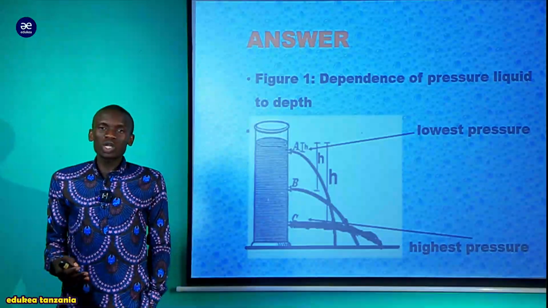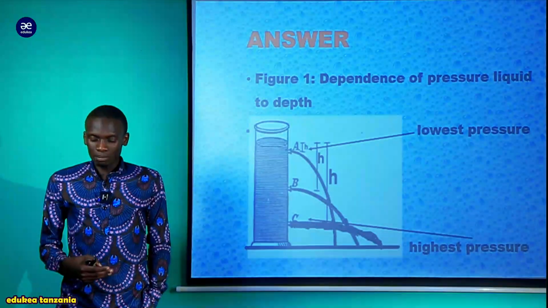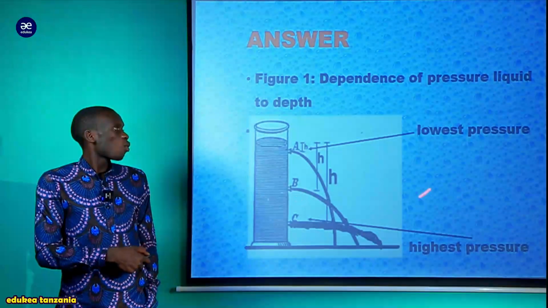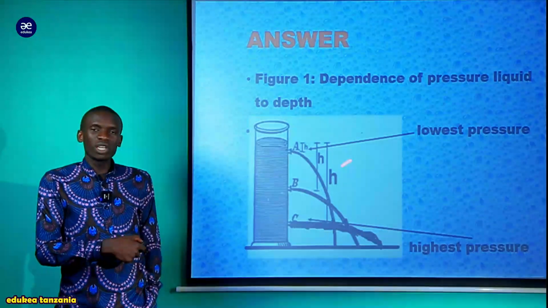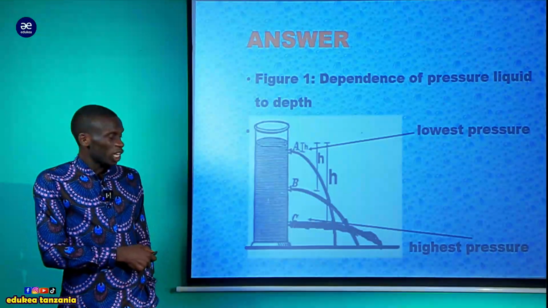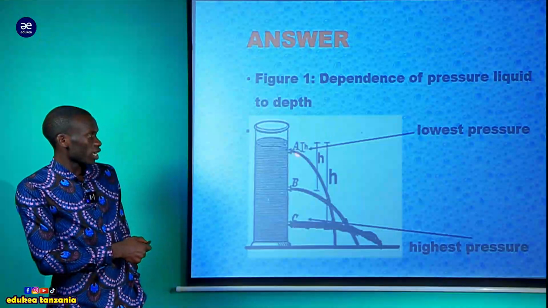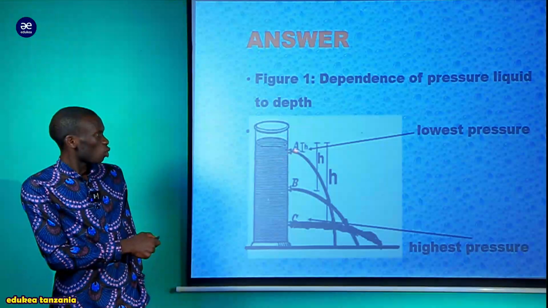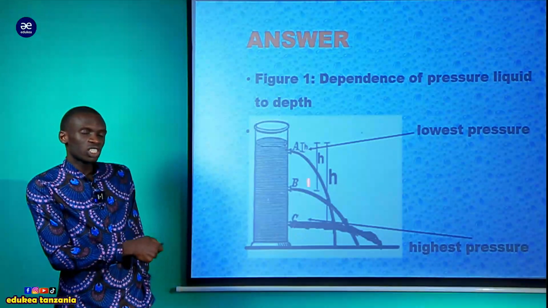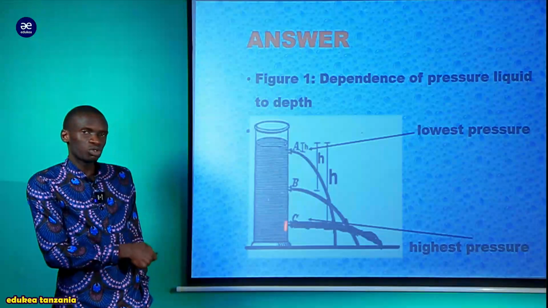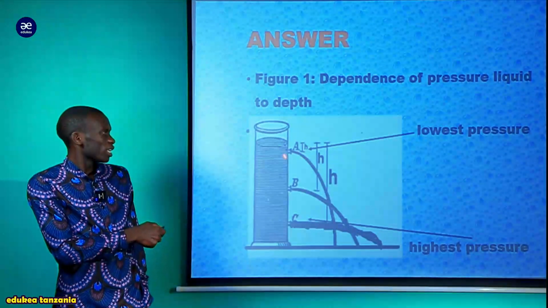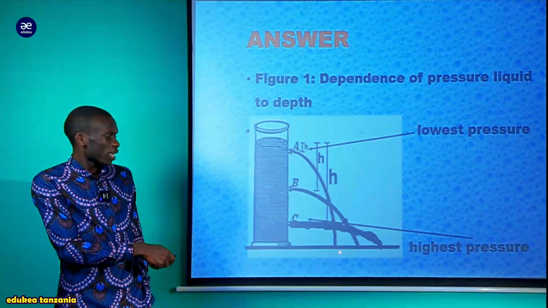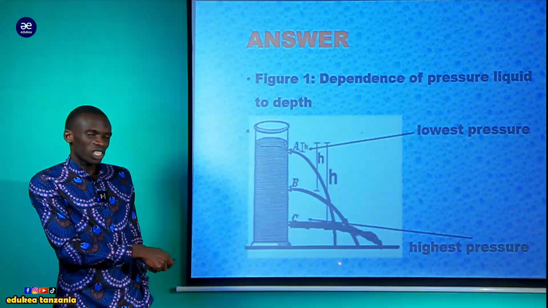Another question required using a diagram to show how liquid pressure depends on depth. So liquid pressure depends on depth because if you see here, this is hole A, hole B, hole C. If a container is punched with 3 holes, you see that hole A here will tend to lash out water slowly or at a small distance.